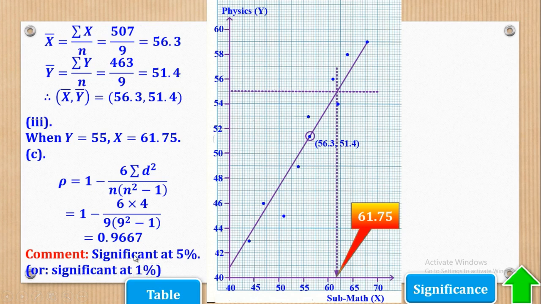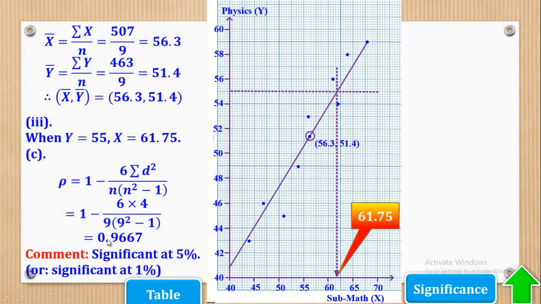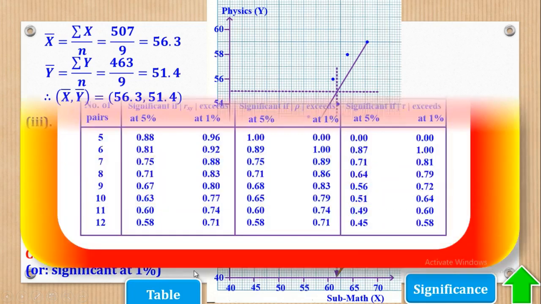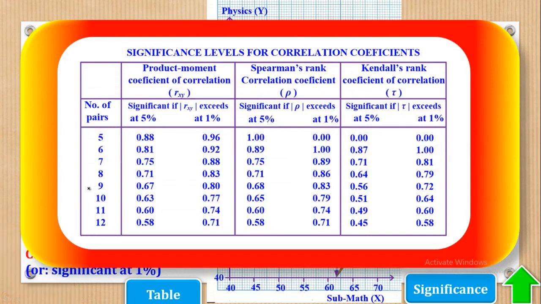Now why is it significant at 5%? Remember, the calculated value is 0.9667, and when I look at the table value, the pair of 9 takes me here. For 5% it is this.